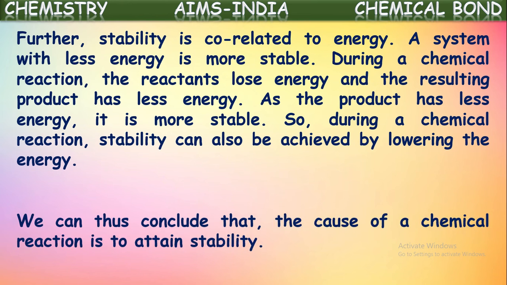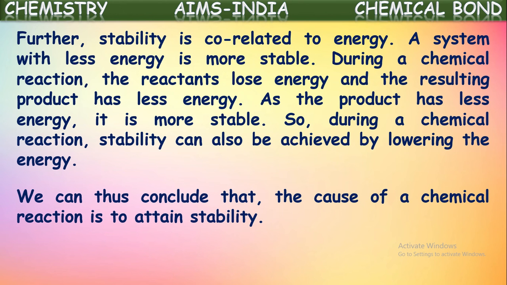Okay, we can thus conclude that the cause of chemical reaction is to attain stability. This is the main reason why in chemical reactions we say atoms combine chemically to attain stability, to become more stable or least energetic. This is the reason for the complete chemical reactions.